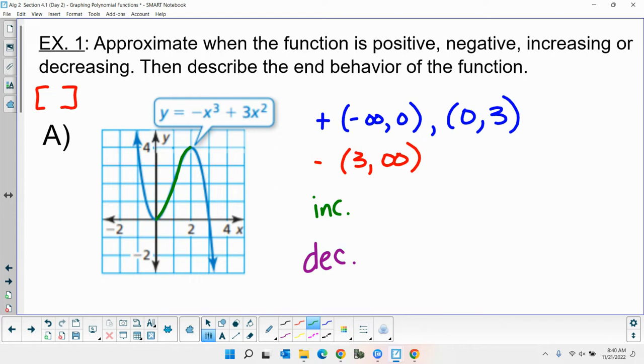People see it up there and think they should put 4 for the y. Not the 4. We want the x's. So just this section, 0 to 2. Okay? But at 0 it's not really increasing, and at 2 it's not really increasing. It just kind of stops. But between 0 and 2, so we're not actually equaling those numbers.